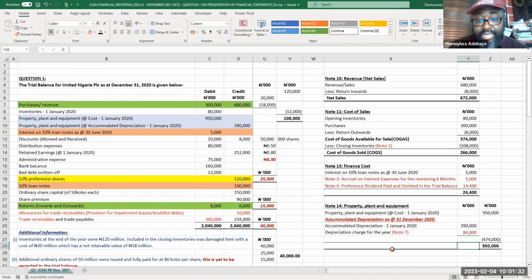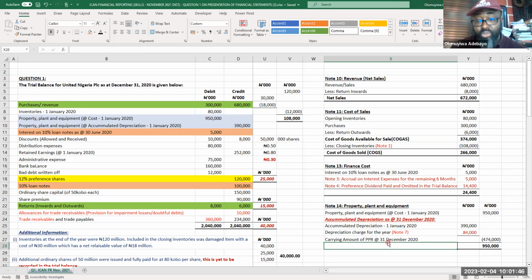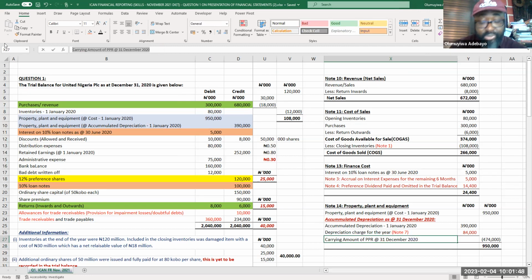Therefore, what is my carrying amount at the end of the year for PPE? Sorry, that's not where I'm supposed to put it.